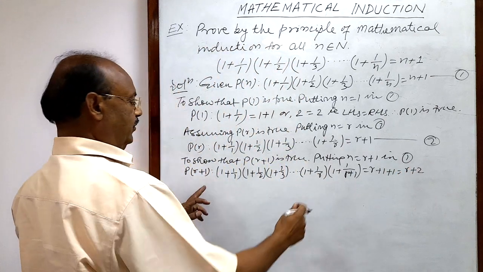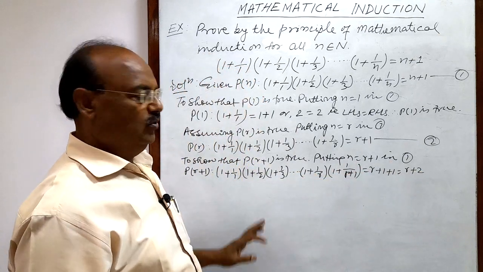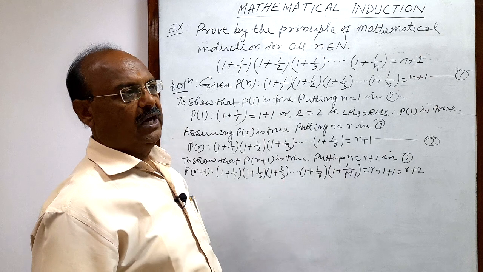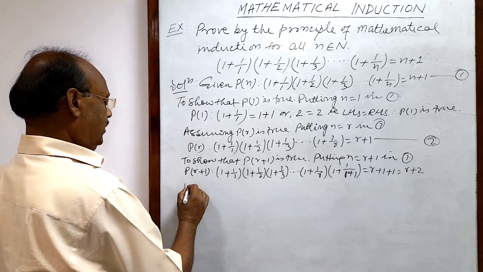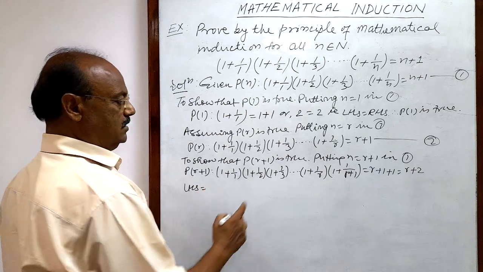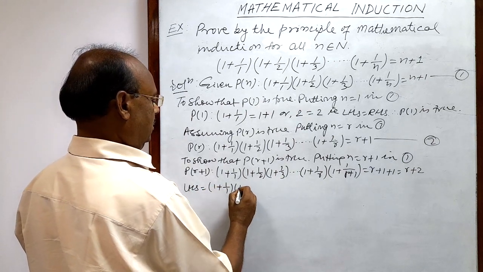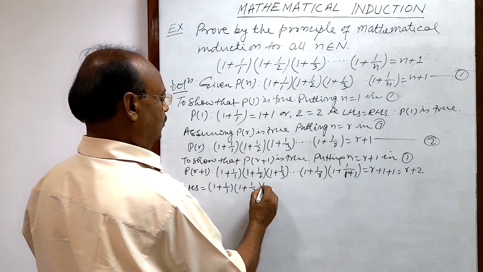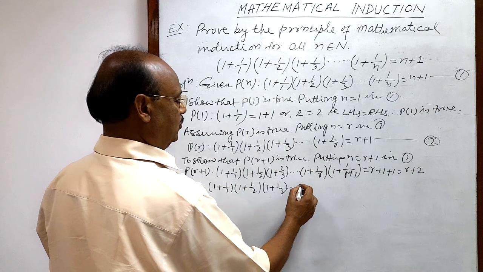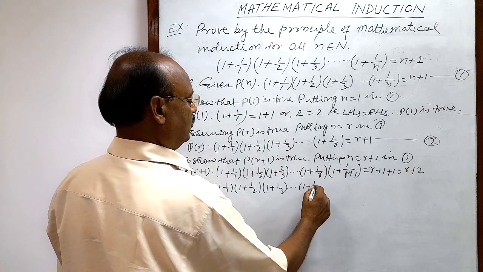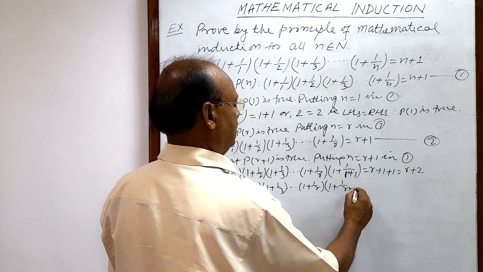So we have to prove here that LHS is equal to RHS. Then we will be able to say that Pr+1 is true. So let us start solving it with the LHS. Here LHS is (1 + 1/1)(1 + 1/2)(1 + 1/3)...(1 + 1/r)(1 + 1/(r+1)).